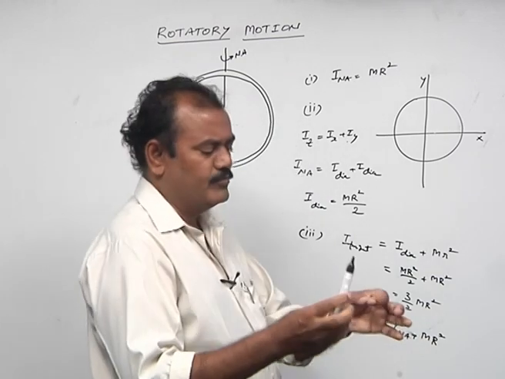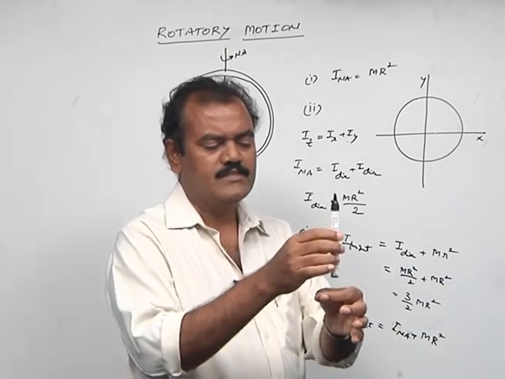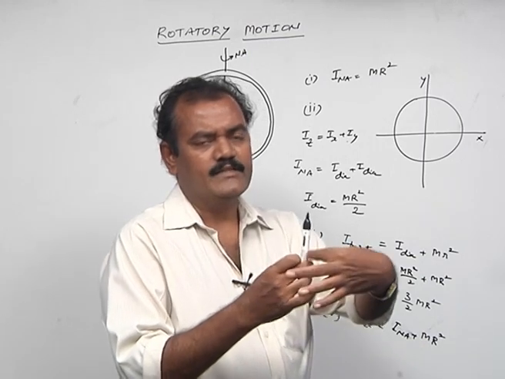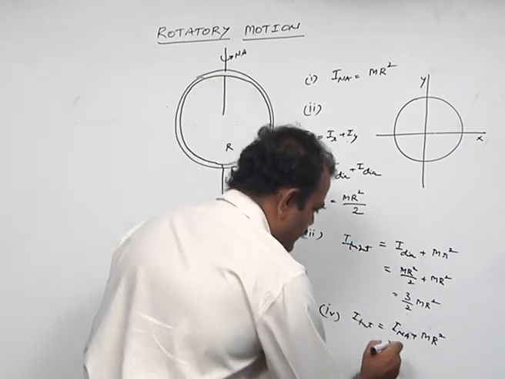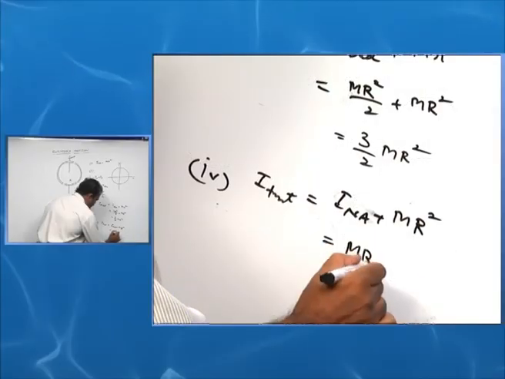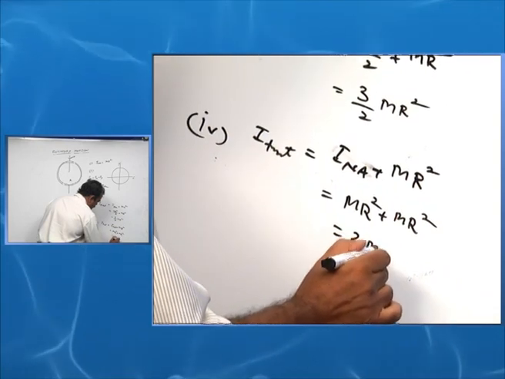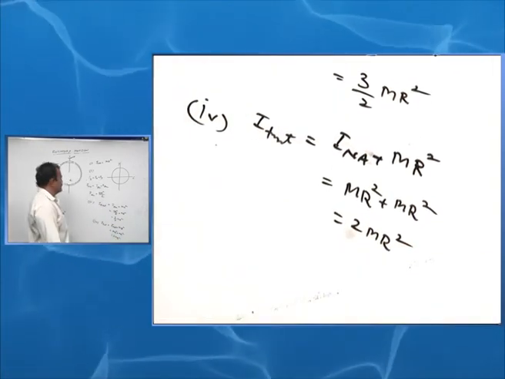So this is the natural axis, this is the axis of rotation, and the circular ring is rotating like this now. In this case I NA, we already know, is Mr square, and plus Mr square here, this becomes 2Mr square.